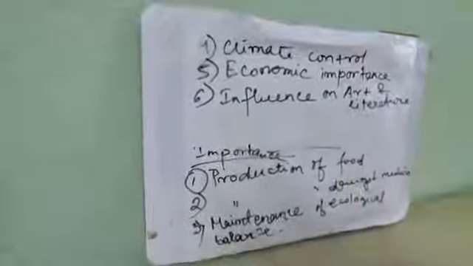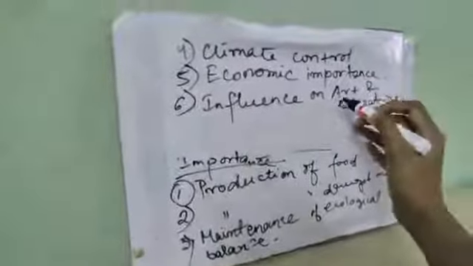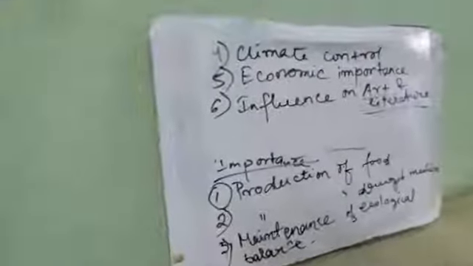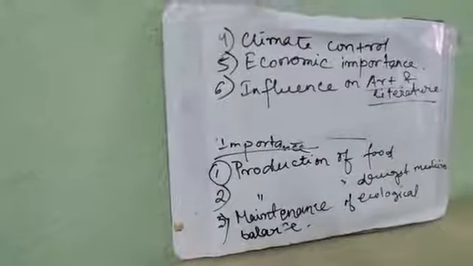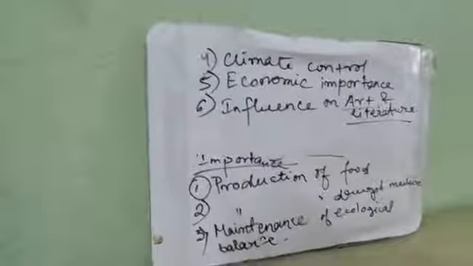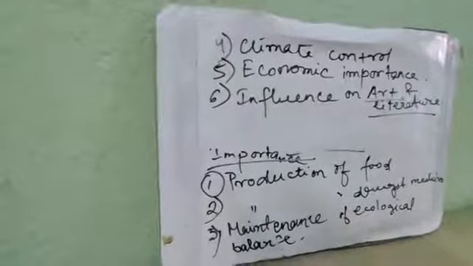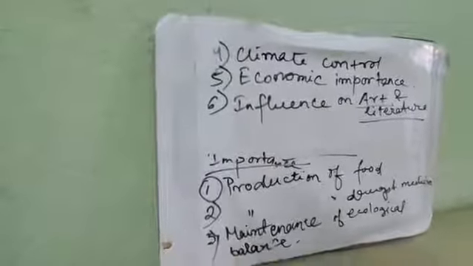Number six, influence on art and literature. Now you will ask me how it puts an influence on art and literature, because biodiversity actually helps us to study the natural history of a particular area.